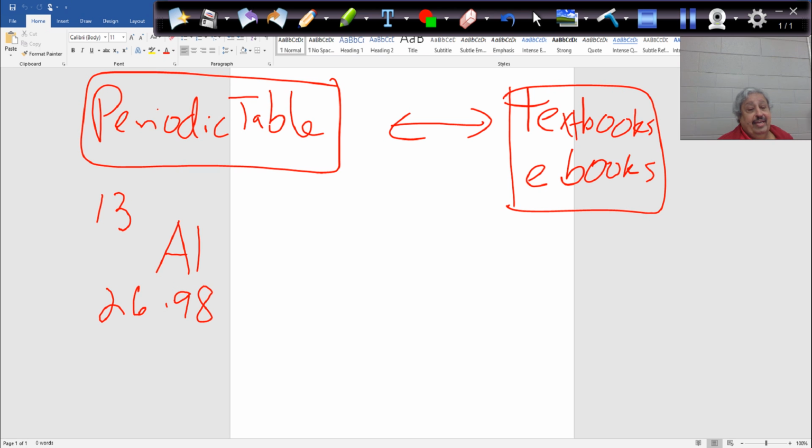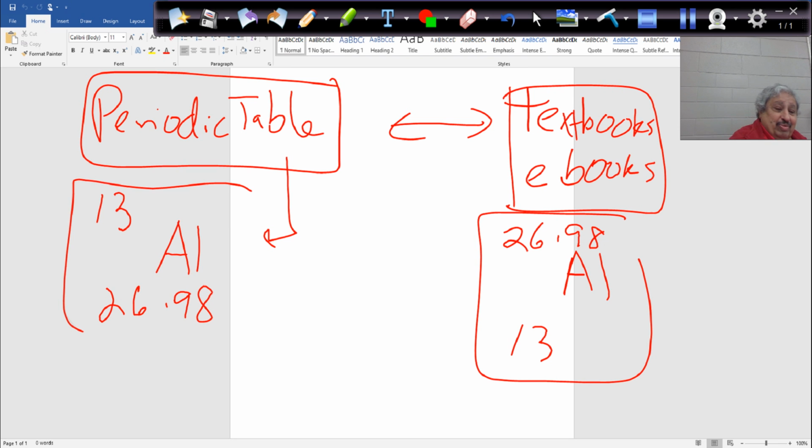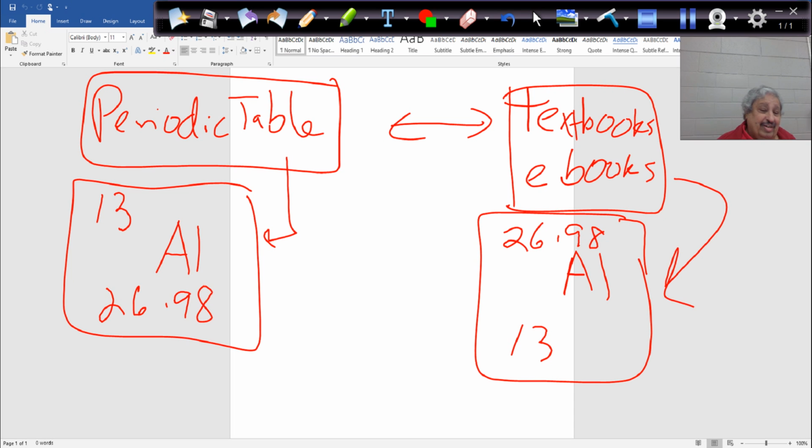So this is the periodic table writing. However, the textbook will tell you aluminum, 13 at the bottom and 26.98 at the top. So don't confuse yourself with the writing.